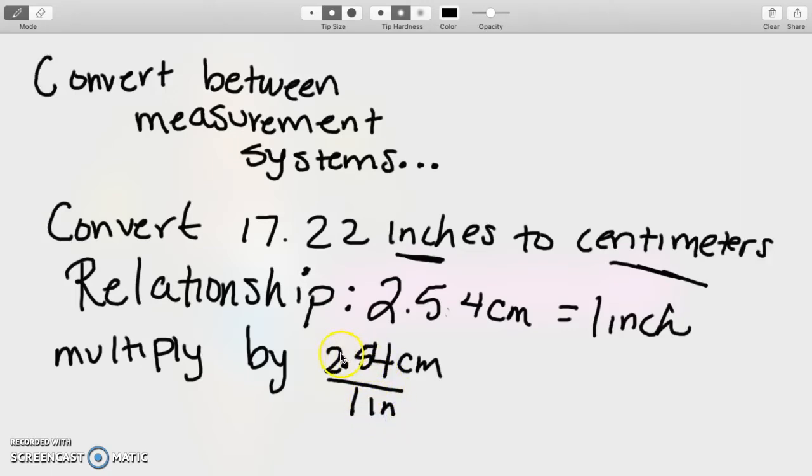If you remember in class, I tried to give you this overview, and the overview is basically that I set up the problem for you, and I'm going to go ahead and move from this screen, so I hope you have this down. But we're going to multiply by 2.54 centimeters over 1 inch.